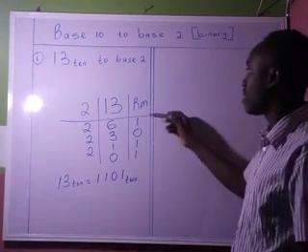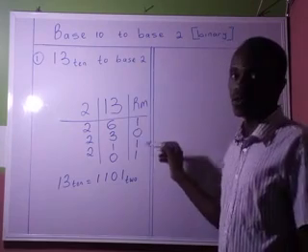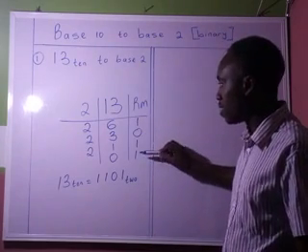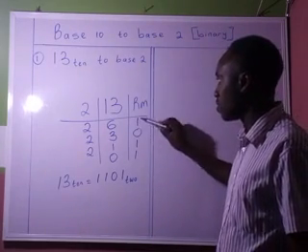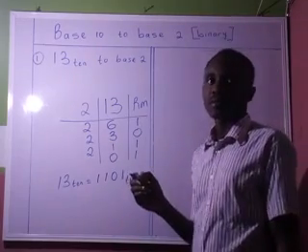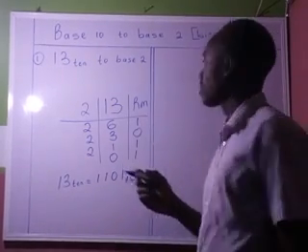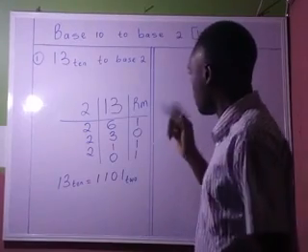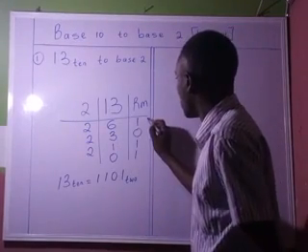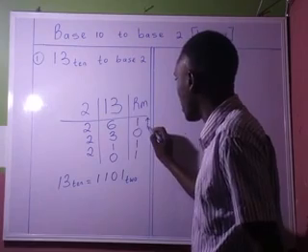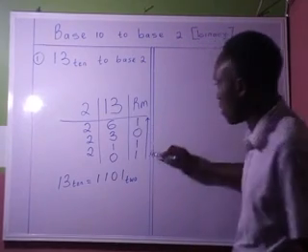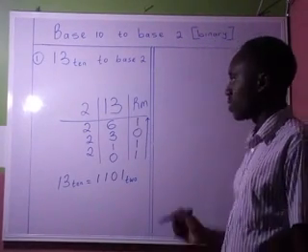So don't start writing the number by saying 1, 0, 1, 1. No. You start from the last number: 1, 1, 0, and 1. Let me put an arrow here. So which means we are starting from the bottom, we are going to the top.